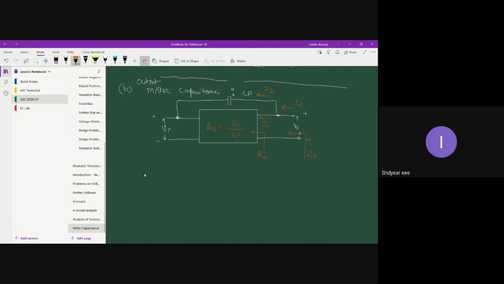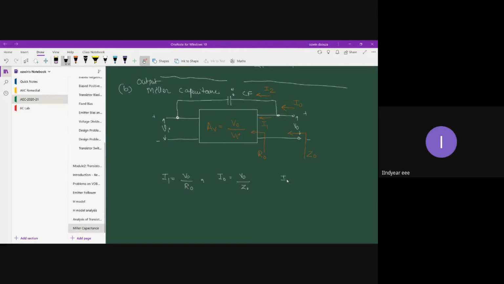We can write I1 as voltage by resistance, V0 divided by R0. Similarly, we can also write I0 as voltage divided by the overall impedance, Z0.